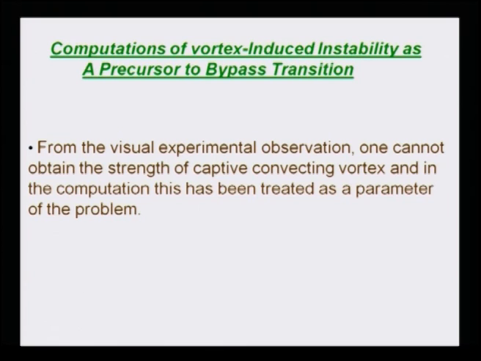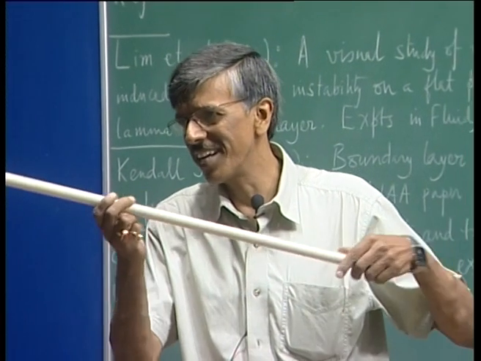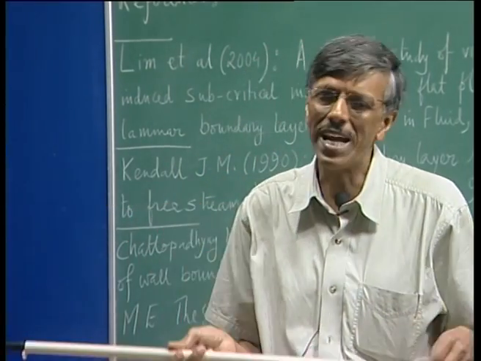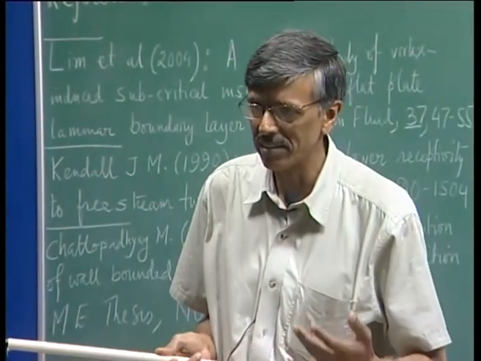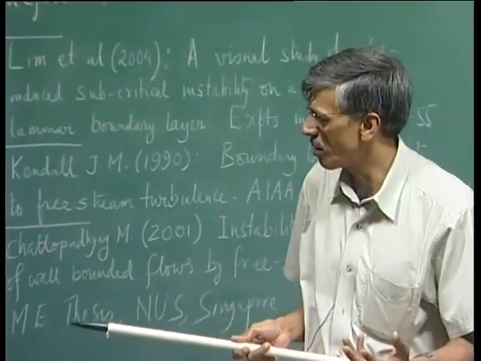Now, in computing these flows, there is only one problem: we do not know a priori what the strength of that rotating cylinder was. We can get an indirect sort of estimate of it.